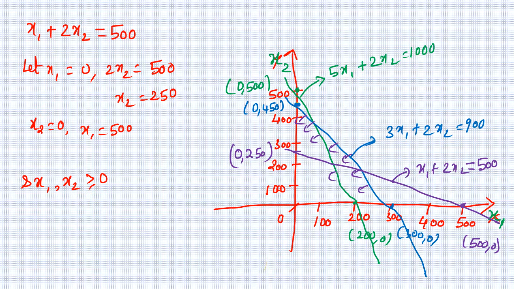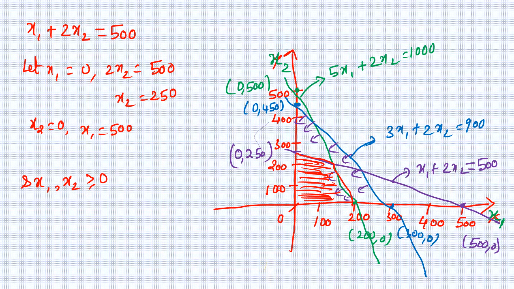Now we will find where all three intersect. In this region we have four corner points. This is a bounded region, and we call this the feasible region.